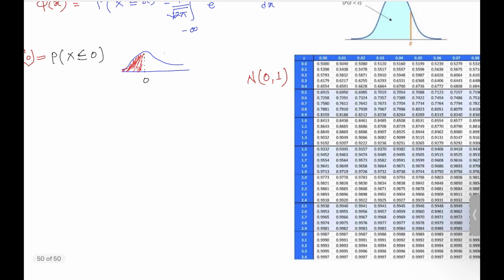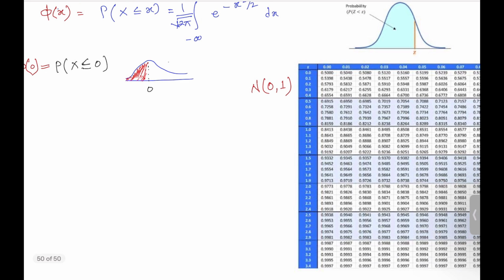Alright, let's try to find a few more probabilities. We might ask what will be the probability that random variable x takes the value less than or equal to 1.16.